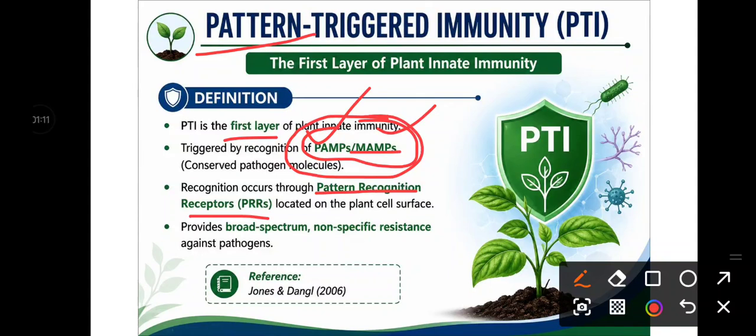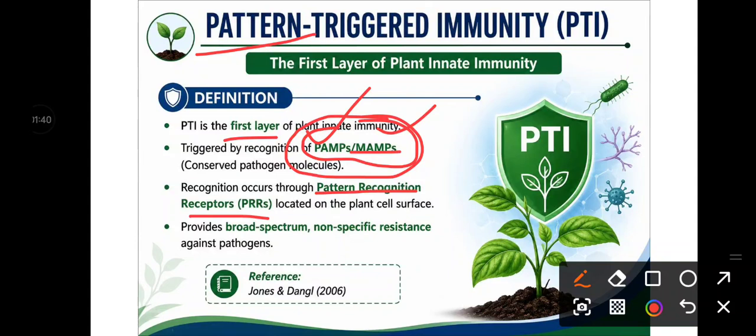See, the common thing is, every pathogen is a microbe only. A fungus is a microorganism, a virus is a microorganism, but all microorganisms are not pathogens. A pathogen is one that is able to cause disease in plants. Because it is causing a harmful effect, we call it a pathogen.